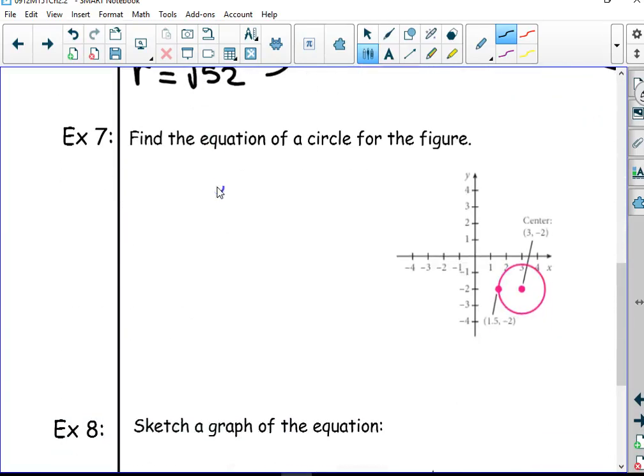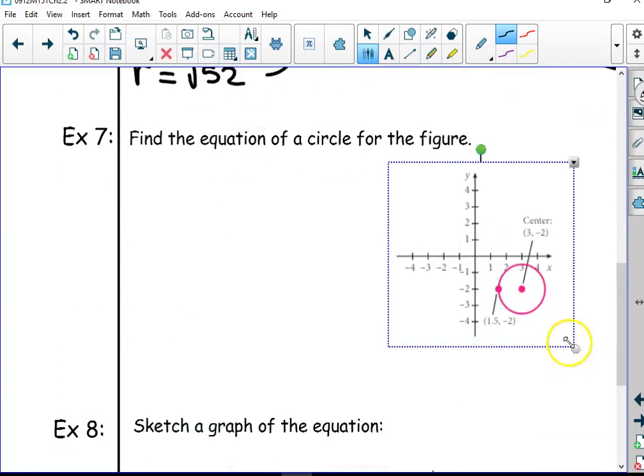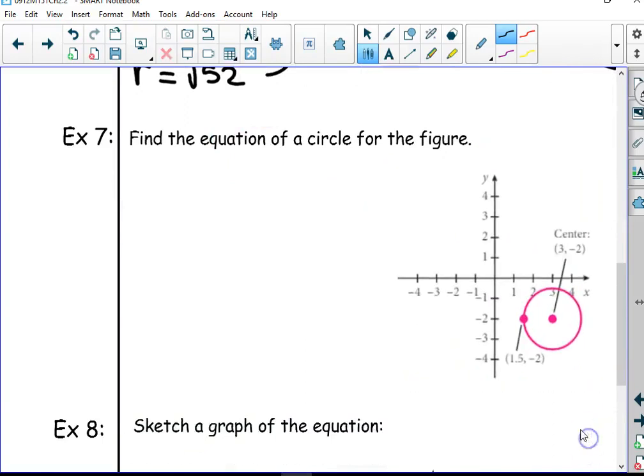Same idea. I know that on your sheet it's kind of hard to see, but basically we have the same idea. Our center's at 3, -2, and our point is 1.5, -2.